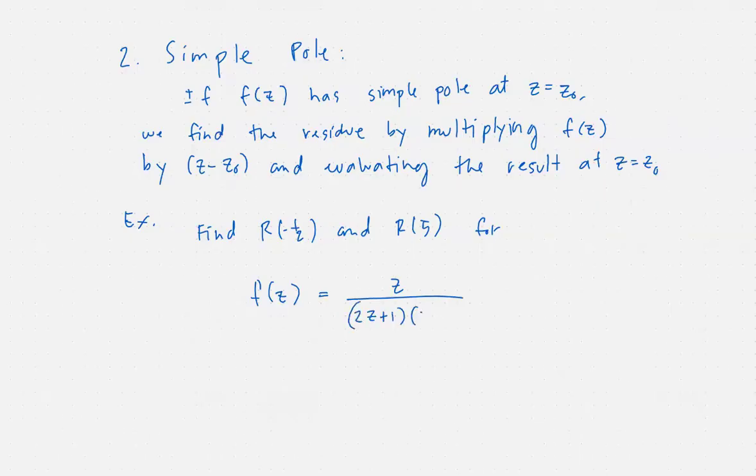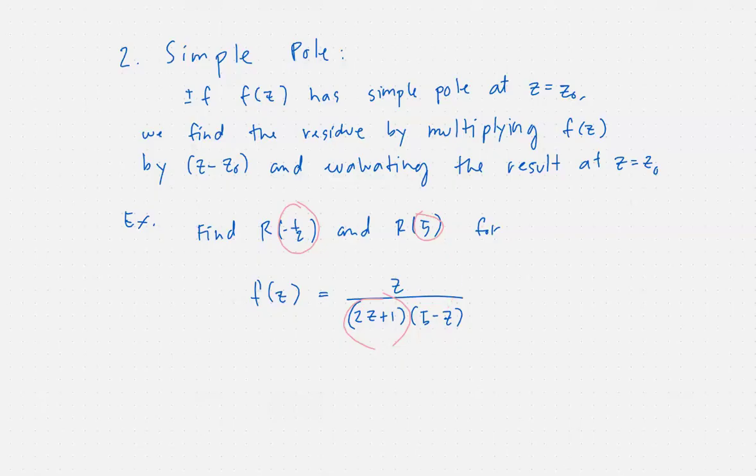The reason why we are asked to determine the residue at negative 1/2 and 5 is that if you substitute negative 1/2 here, it's going to be 0. So that's a singular point. Similarly, if we substitute 5 here, it's going to give us another 0 at the denominator. So both negative 1/2 and 5 are singular points.